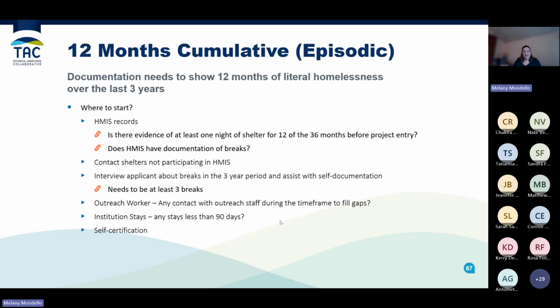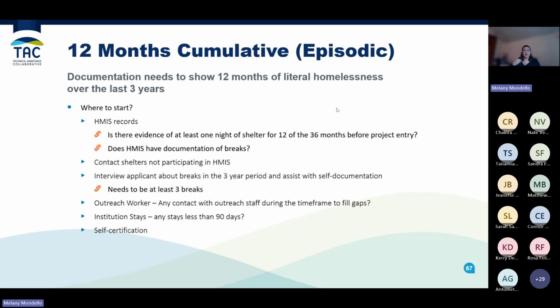So there's a bunch of different ways that you can go after this. It is more cumbersome, and I apologize on HUD's behalf for that, but it's really important that you're clear on documenting those full 12 months so that you don't have any eligibility issues with your PSH units. And if you are working with someone who's been in a long-term homeless situation, the more you can do to gather that documentation and have it ready when the person gets referred, the quicker they're going to be able to get into the housing unit.